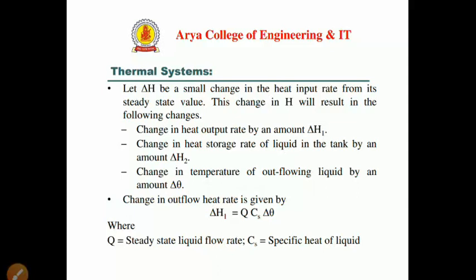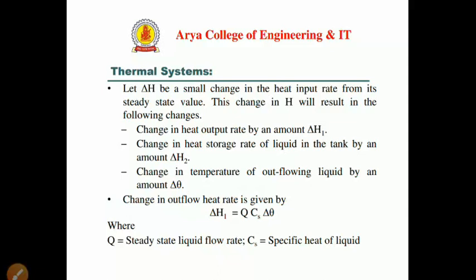Clear? So first we take the first change, that is the change in outflow heat rate, given by delta H1, that is Q Cs delta theta, whereas Q is the steady state liquid flow rate and Cs is the specific heat of liquid, and delta theta is the change in temperature.